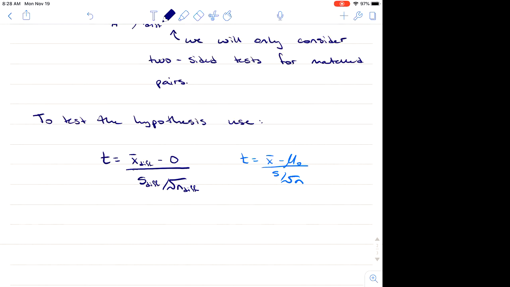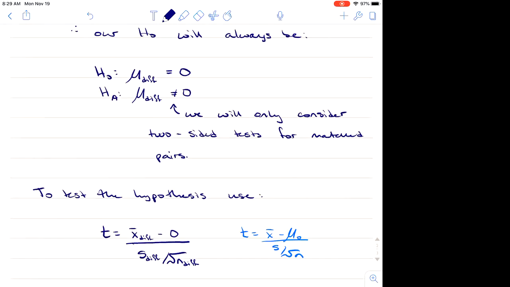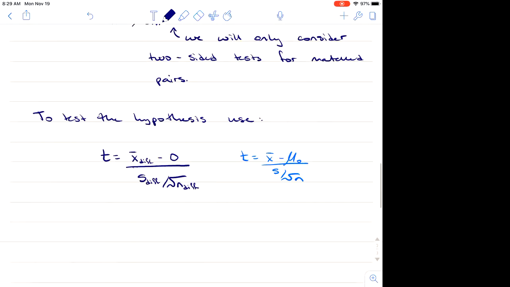So the X bar of the differences, that's the sample mean of the differences, minus 0, because our null hypothesis is that mu diff equals 0. And so it'll always just be 0, and that's why it's 0 on your formula sheet. And then the standard deviation of the differences over the square root of the number of differences.